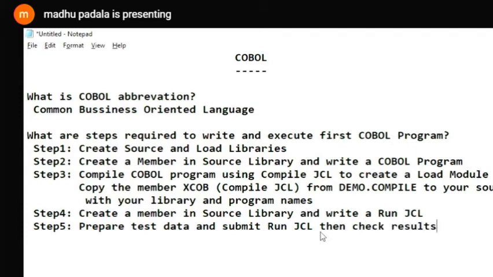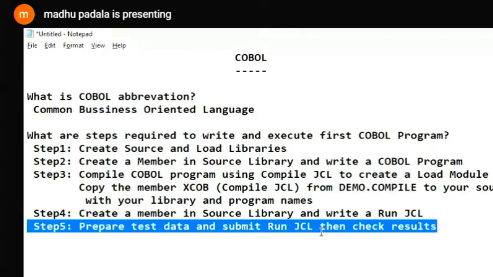This is my step 5. But I don't have any input data and I don't have any logic here. Simply, the program is written only to display. This is my first program. Hello world, this is my first program. Two statements.